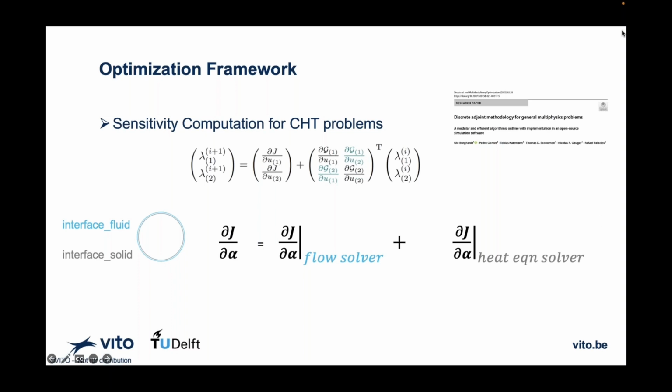One simple way is to have the interface modeled using the same parameterization for the fluid and the solid, and the sensitivity would be the sum of the two. This would help us achieve the overall conjugate heat transfer sensitivities.